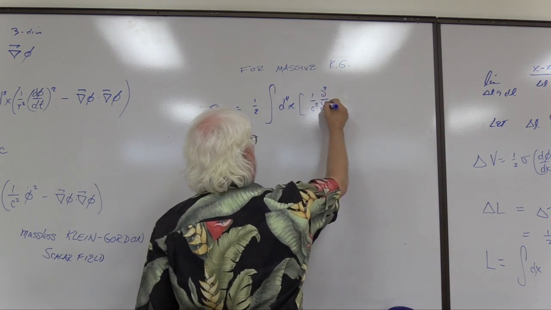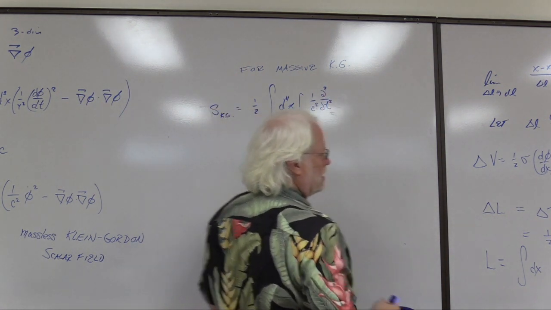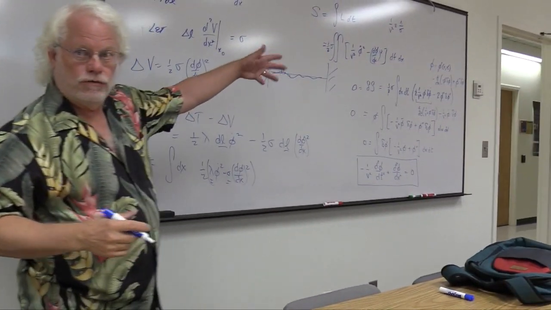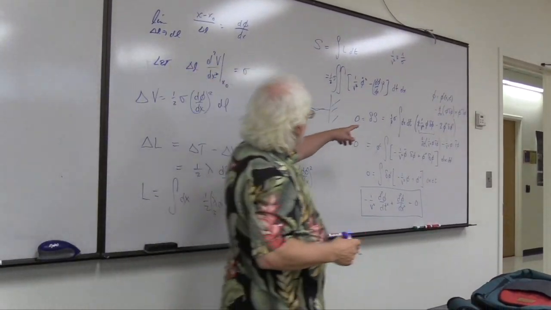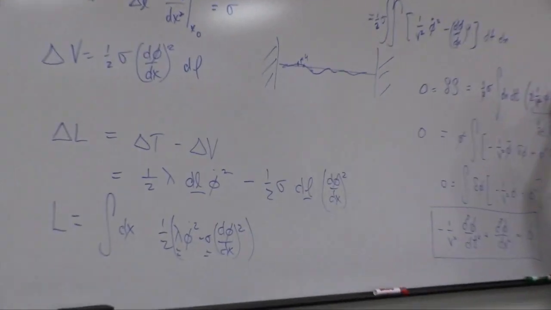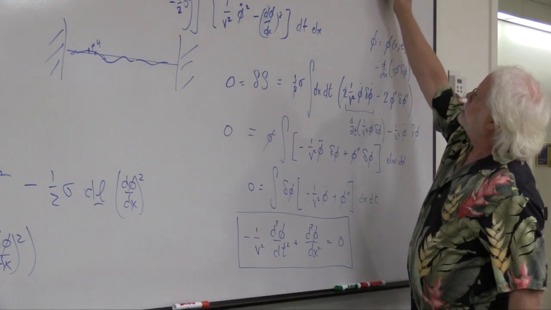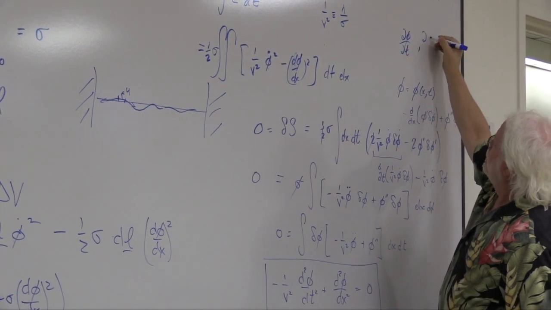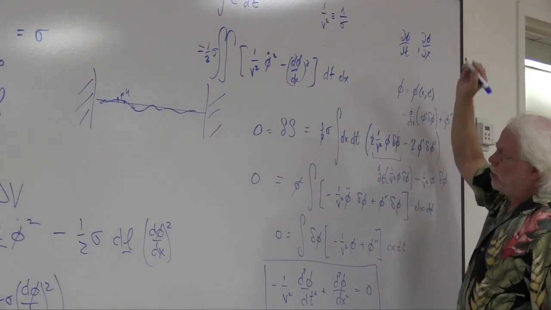These really should be partial derivatives, and they should have been partial derivatives over here, in fact, because phi is a function of two variables, x and t. So really, these primes and dots should be d phi dt and d phi dx, partial derivatives.